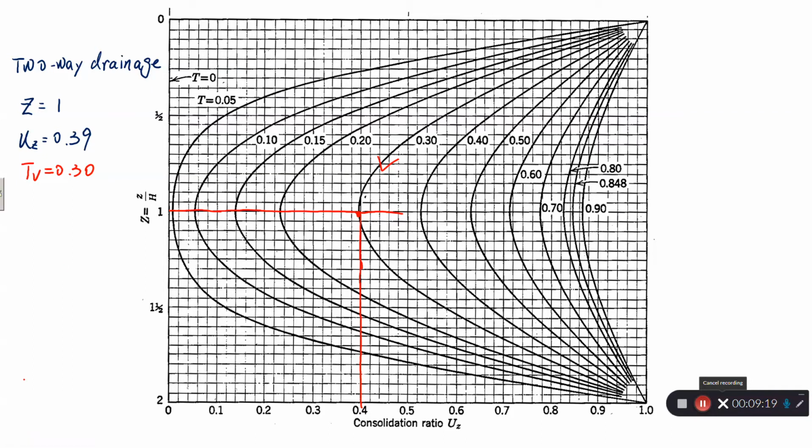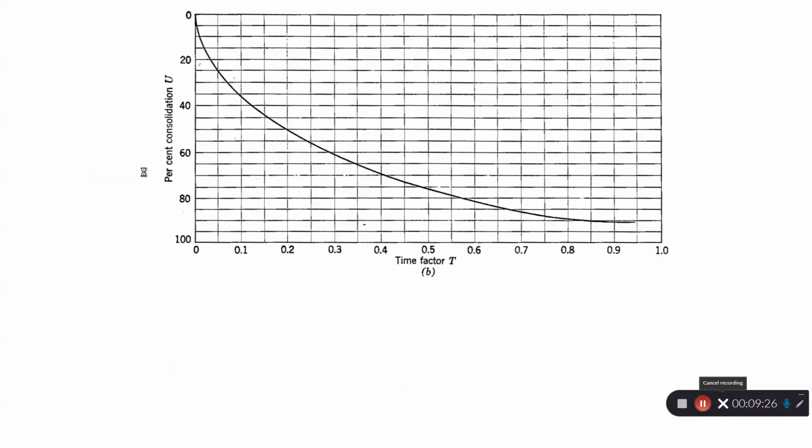T_v is also related to time. And then if we look at this curve, if we enter T_v 0.3, I can get the corresponding U. So U is about 62%.